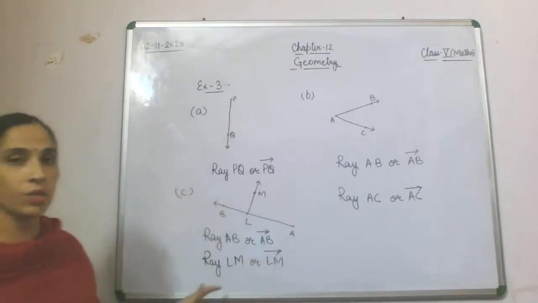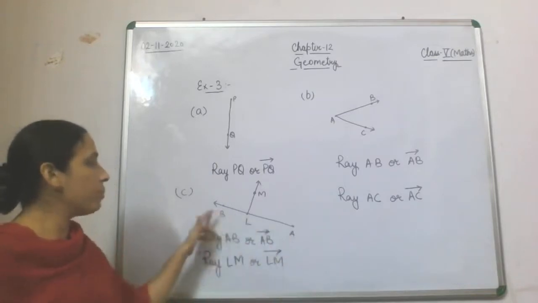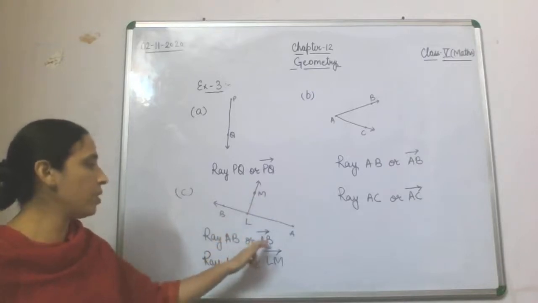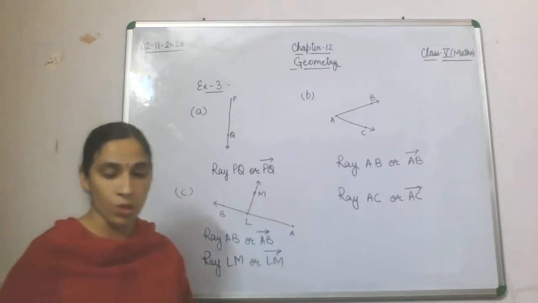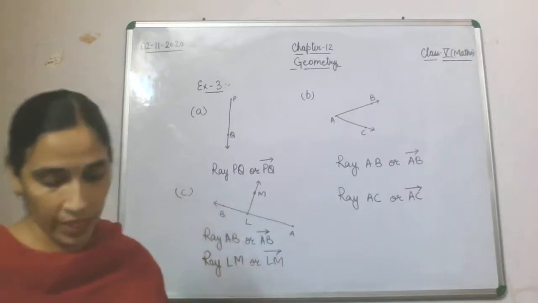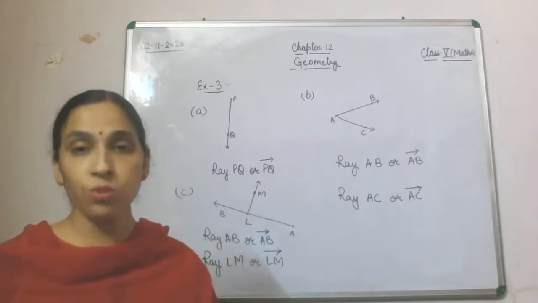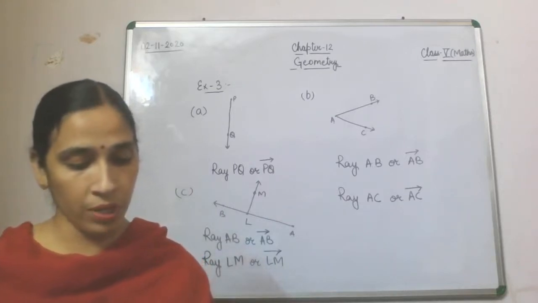So these are the two rays here, ray AB and ray LM, with this arrow, and we start from the beginning point only.